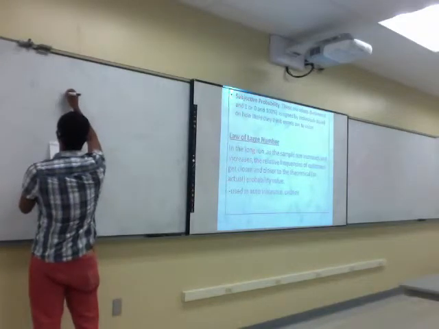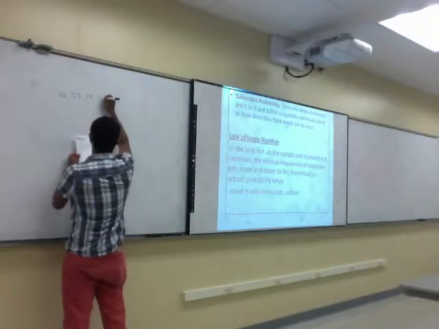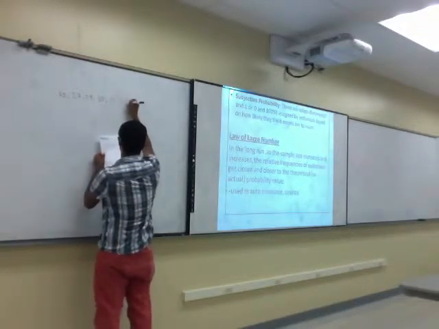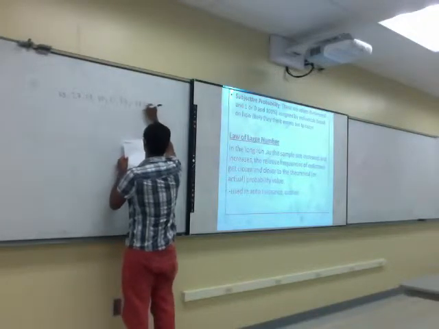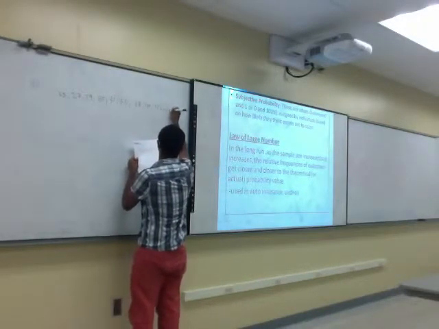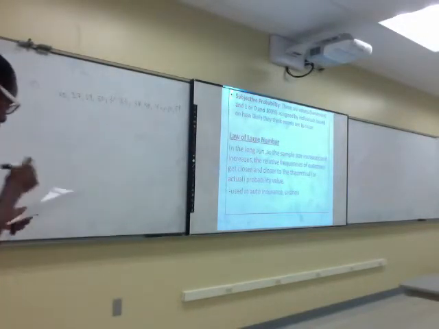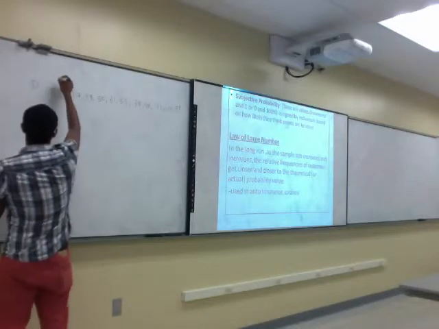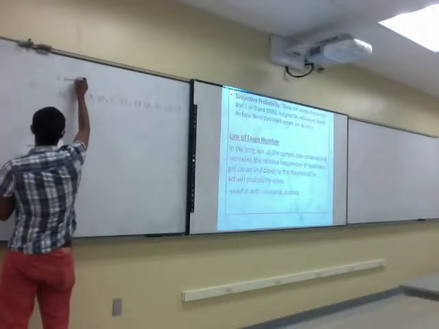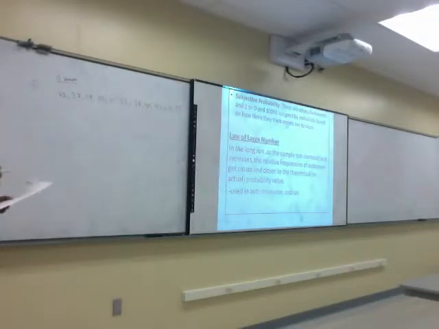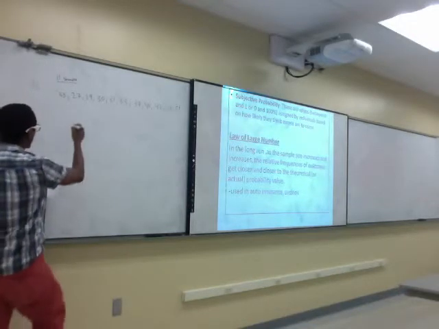So I'll go with 23, 27, 29, 30, 31, 33, 38, 40, 42, 43, 51. So we have this set of data, and there are 11 samples. The question asks us to find the percentile for the number 33, or client 33.